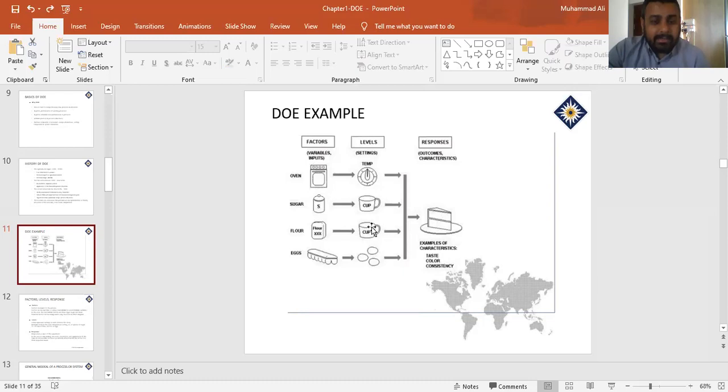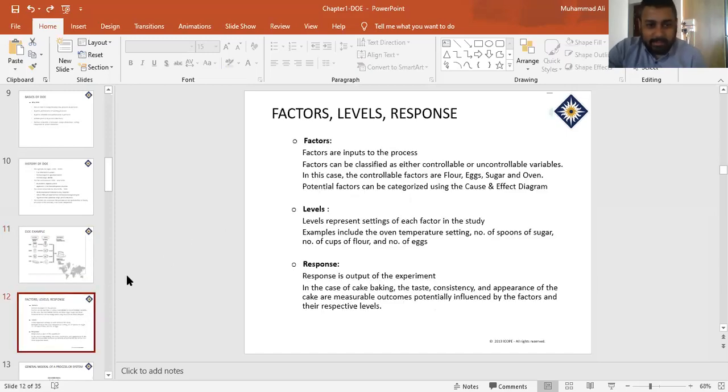You try them, then next time you try them again, three or four times in different ways, and finally you come up with a very good output, the best cake you can ever make in Sulaymaniyah. So that's the point. Three things are important when we design: factors, levels, and responses.